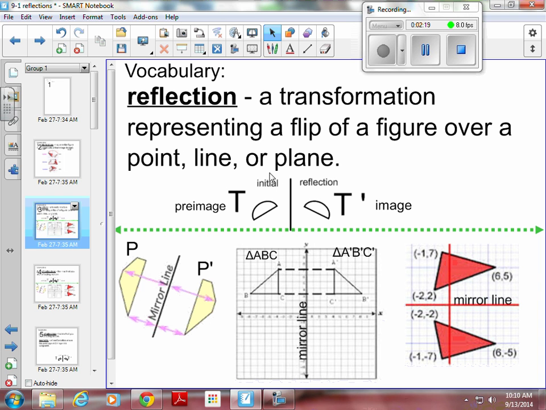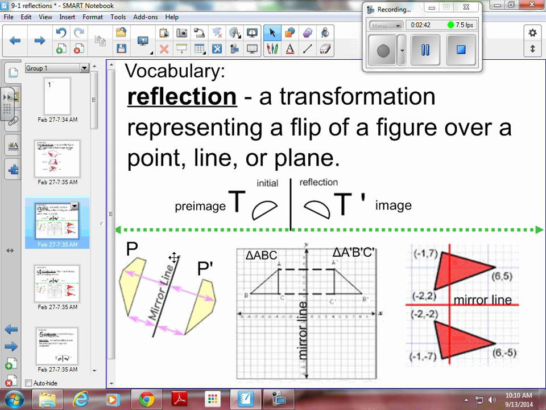So again, we've got our initial image, which is called our pre-image, and we just give it a letter. And then we have the reflection, and when we give it a letter, we have to put this little prime. So we've got T, which is the pre-image or the initial object, and then we've got T prime, which is the reflection or the image.